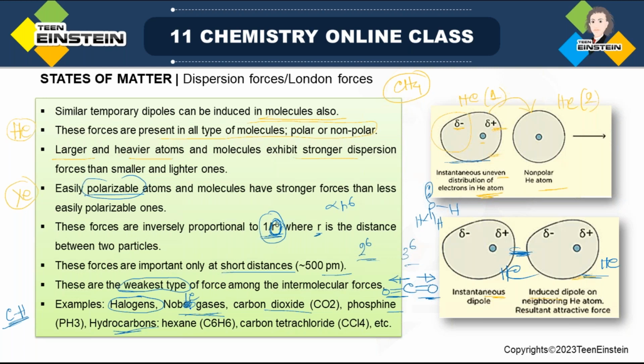So for hydrocarbons, where carbon and hydrogen are present, that is hexane, benzene, etc., CH4. Here also you can consider as example. Then carbon tetrachloride, CCl4. It is just like methane. Only difference is you have 4 chlorine instead of 4 hydrogen. Fine. So these are the examples.